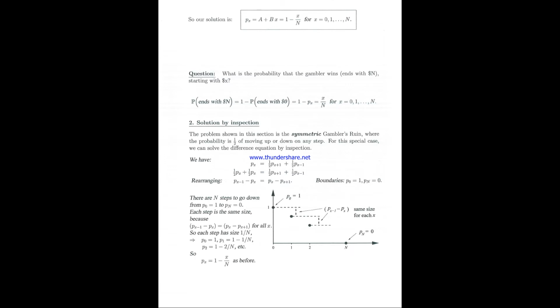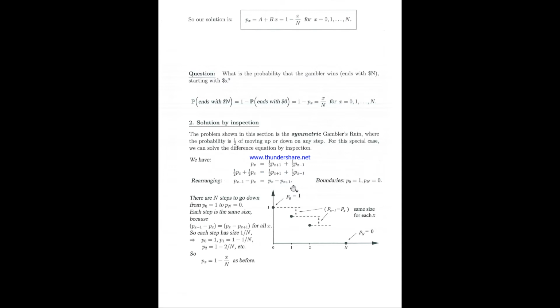But the important thing is now we have found Px equals 0.5 times Px plus 1 plus 0.5 times Px minus 1. If we rearrange the same thing, you can write it as Px minus 1 minus Px equals Px minus Px plus 1.